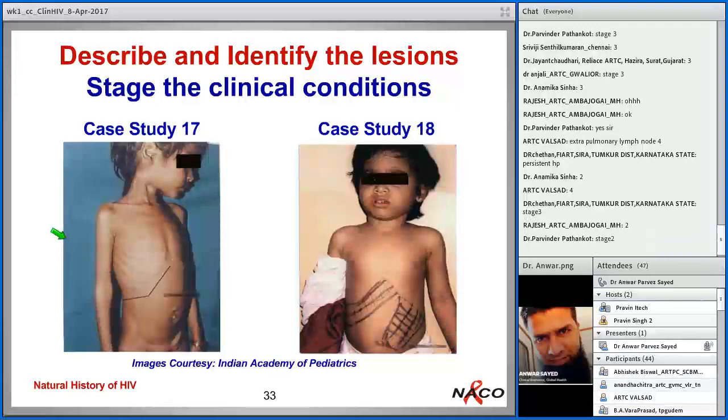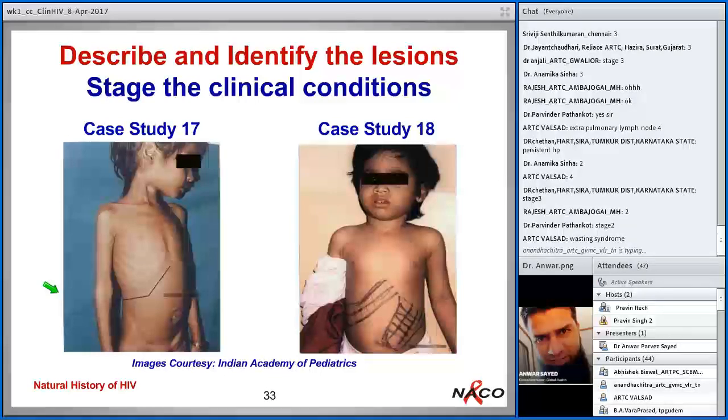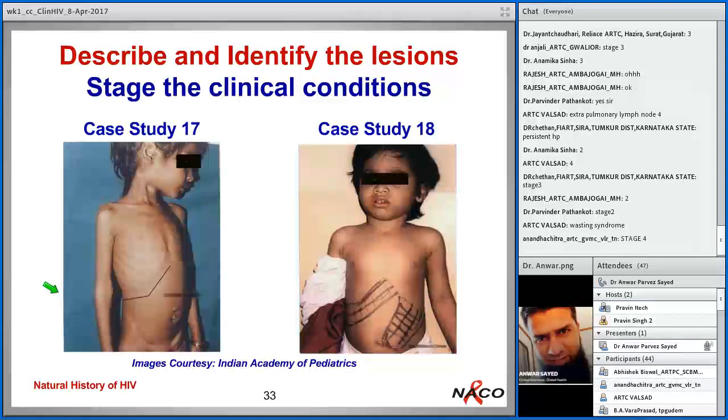TB lymph node or cervical lymph node in children will fall under stage 3 and not stage 4. Usually we report extrapulmonary TB as stage 4, but specifically for this, you need to remember that in pediatric it will fall under stage 3, the cervical lymph node. It's a common thing to happen, so don't worry, you will remember it soon.